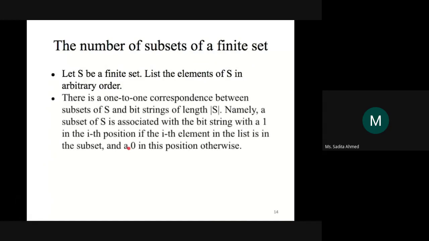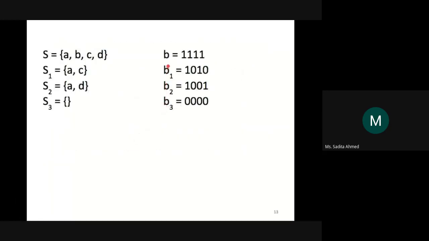So if there's a one-to-one correspondence between the two, it means what? The number of bit strings that you can form of this length is the same as the number of subsets that you would have of this set that has the same number of elements. Because all the bit strings that have length 4 represent all possible subsets of this set, right?